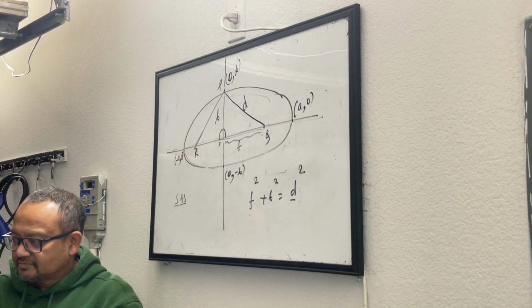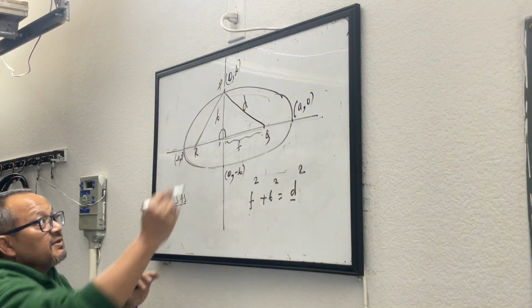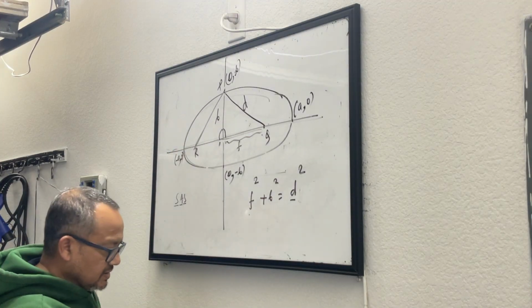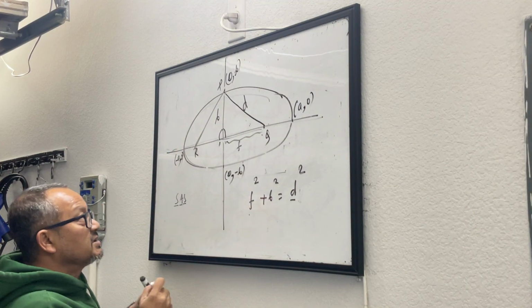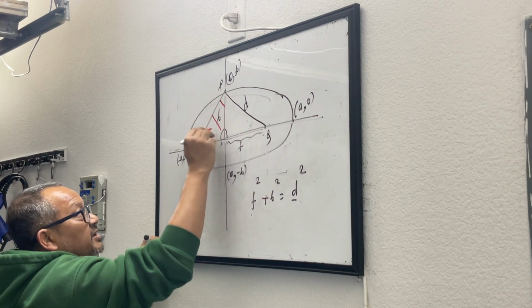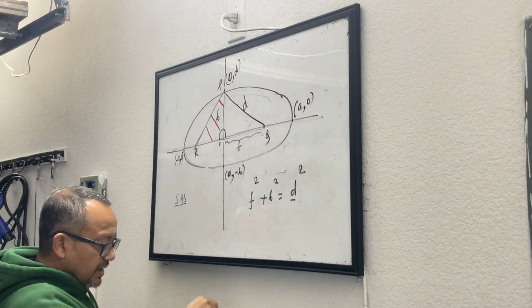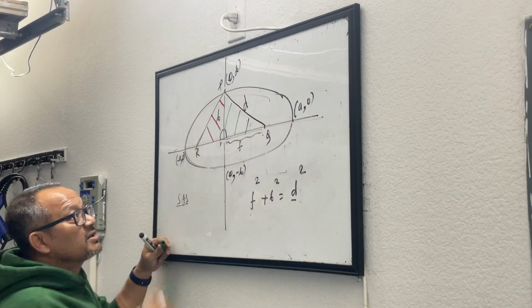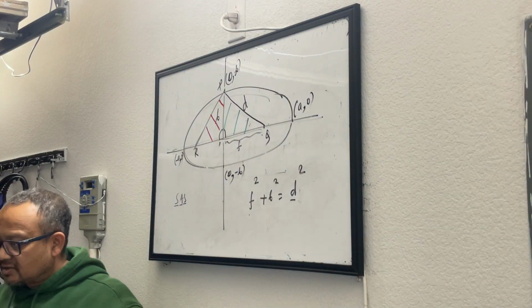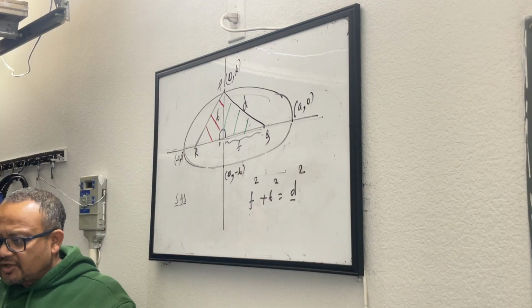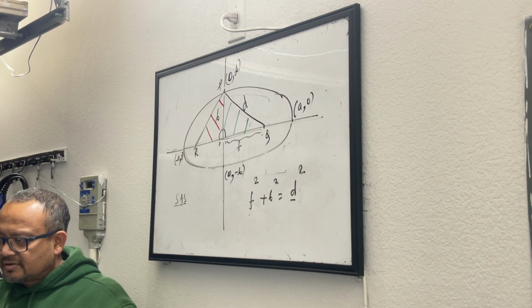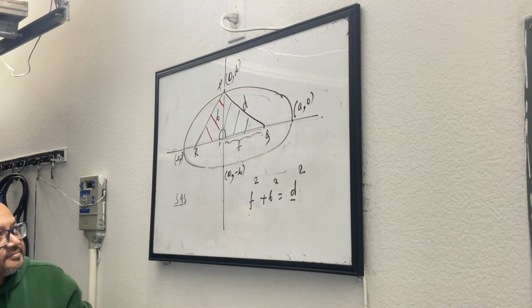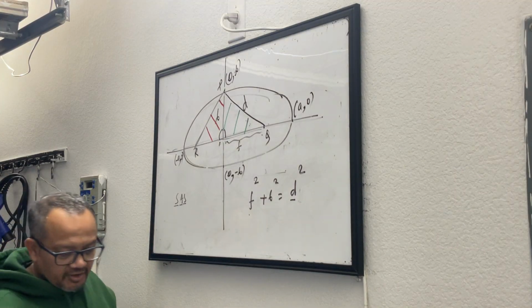Agreeable? I am saying between this triangle, the one in red, and the triangle in green, these two triangles are congruent. Does that sound okay?